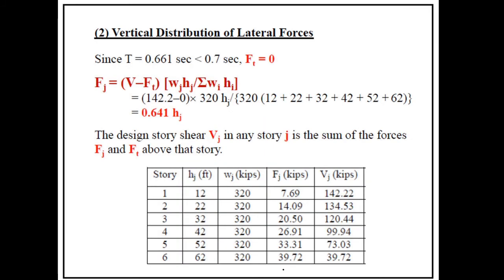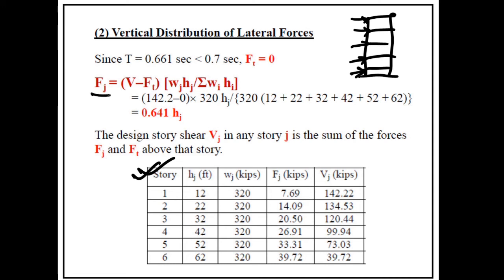Now from base shear, we will be calculating the vertical distribution of lateral forces. That means the force that is going to be applied in each of the stories. So for that, we need to create this table first, but before that we need to calculate the expression for Fj, the force that is acting per unit length, and then multiplying with the length along which the force is acting, we will get the value of lateral forces.